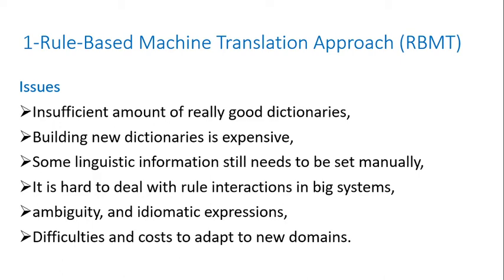It is hard to deal with rule interactions in big systems, of course. If we have more translation tasks with a big system, it is very hard to deal with the rules. Ambiguity and idiomatic expressions are another issue in the rule-based machine translation approach, as are the difficulties and costs of adapting to new domains. Of course, human language is a dynamic phenomenon, never ending.